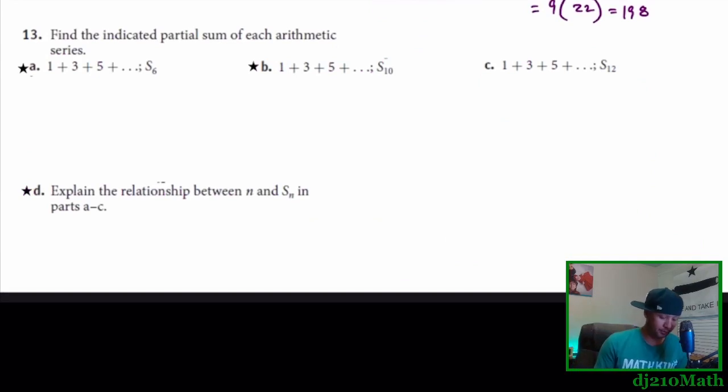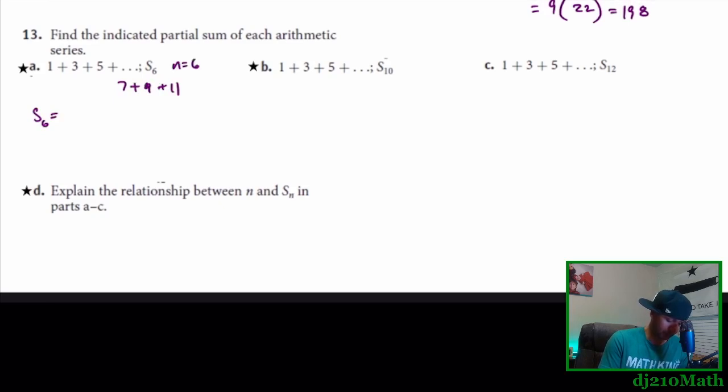All right. A couple more. So we want the sum of the first 6. All right, so we're actually going up by 2. So I'm going to finish this one and do this one a different way. So 5, 7, 9, 11. So S sub 6, n equals 6, right?